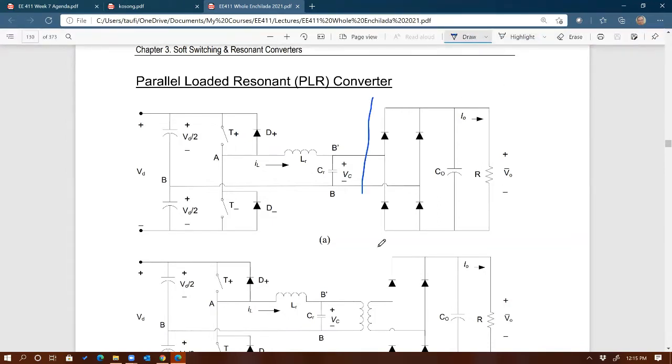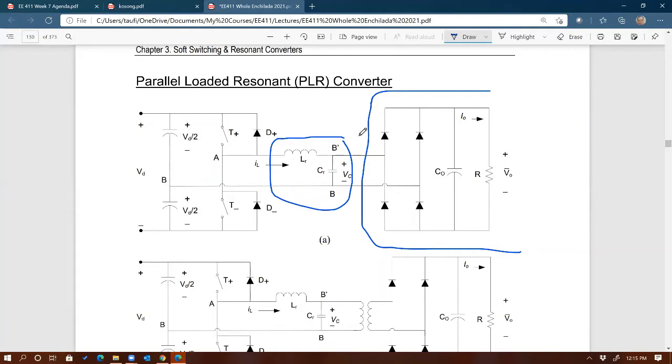This is our load side. So you can see that the tank itself is in parallel with the load.